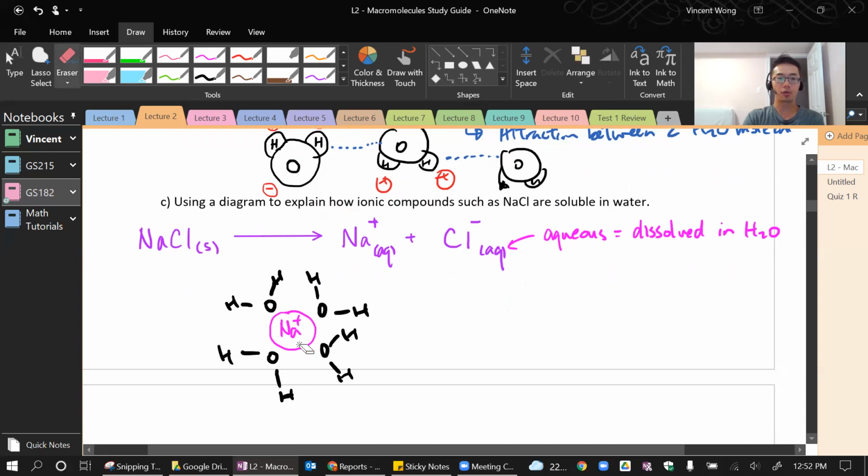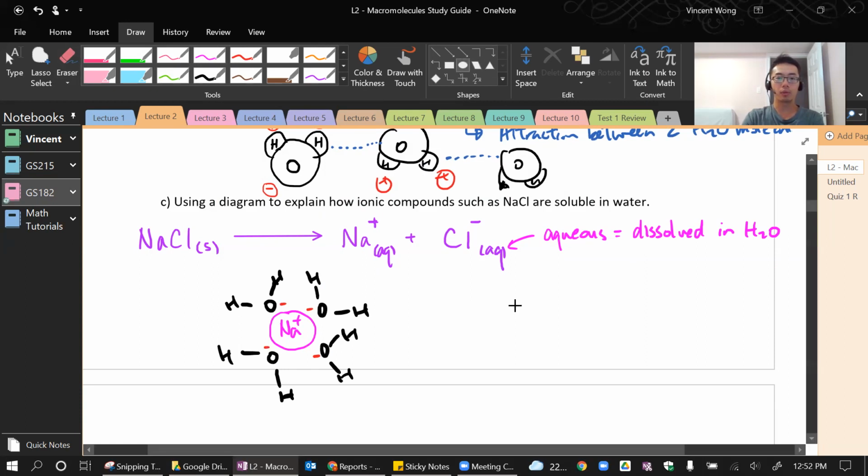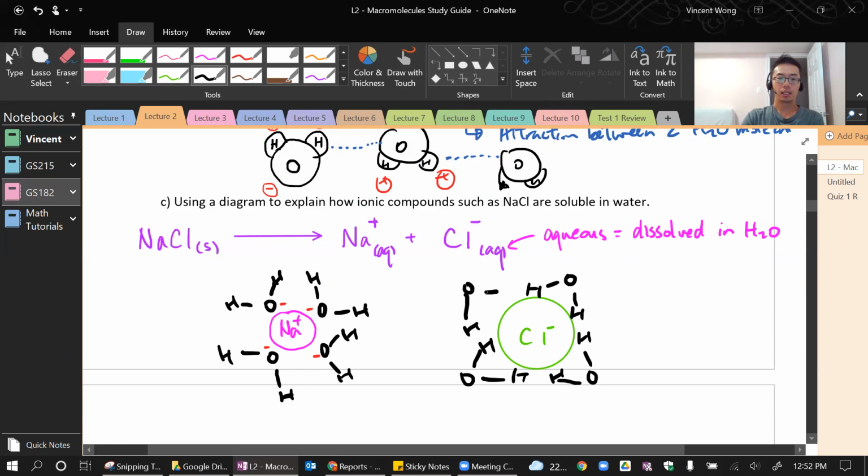So it would love to interact with the positively charged sodium. Okay, so that's the negative part. So that stabilizes it. And on the other hand, we would have our chlorine. Chlorine is negative. So the hydrogen portion of water will be surrounding the chlorine. Okay.